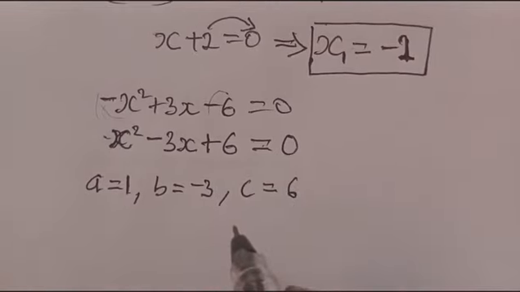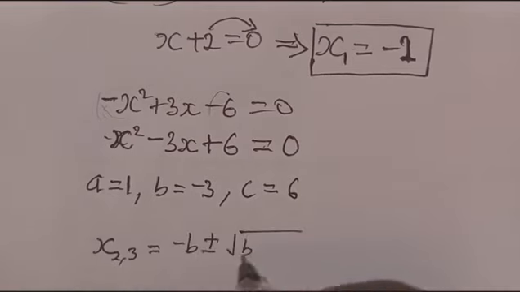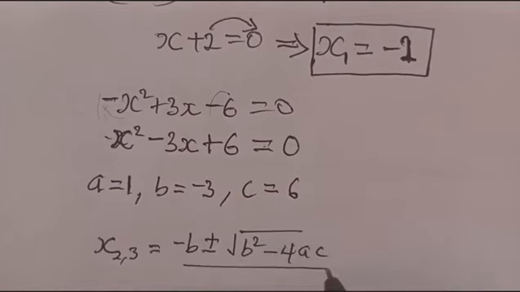So if you now apply the formula method, which is x, we can call x2 comma 3 because we have x1 already. So it's equal to minus b plus minus square root of b square minus 4ac divided by 2a.